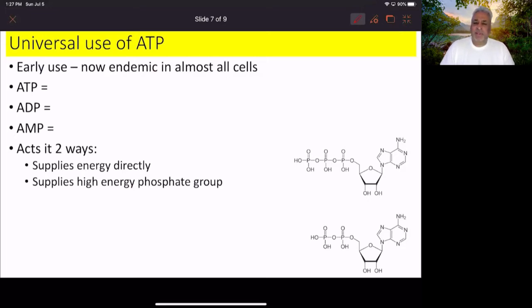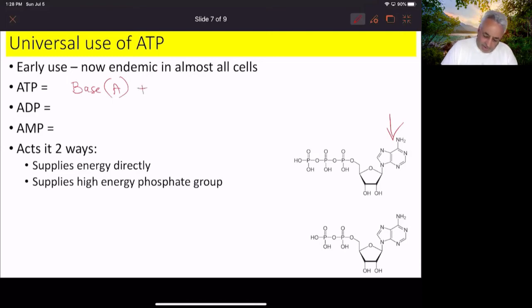ATP is the charged version of the molecule. ATP stands for adenosine triphosphate. The adenosine is a reference to this particular base. So ATP is a tiny little molecule that is made of 3 parts. It's made of a base, and in this case, the base must be an A, otherwise its name would change, adenosine.